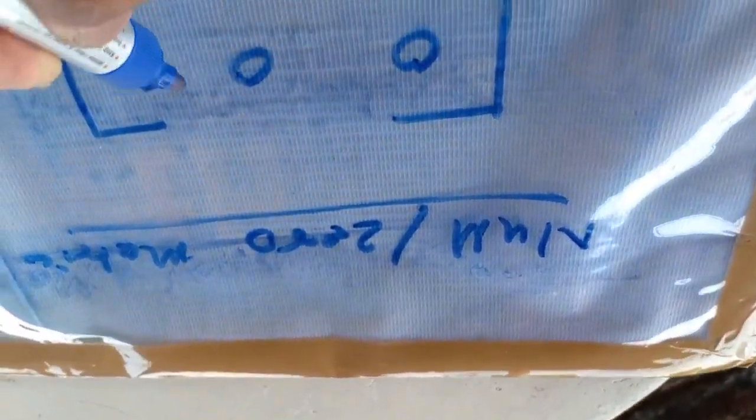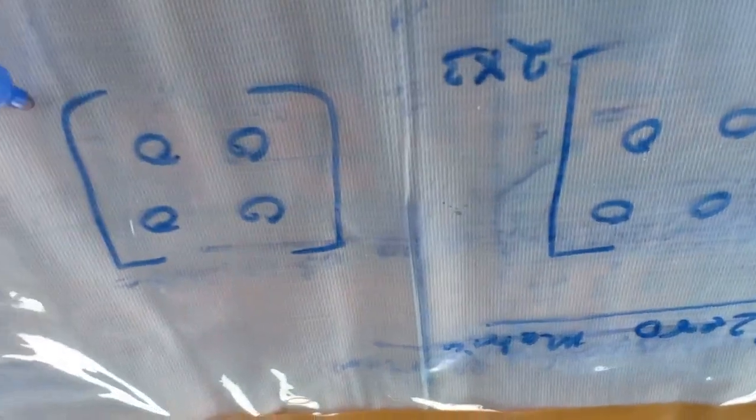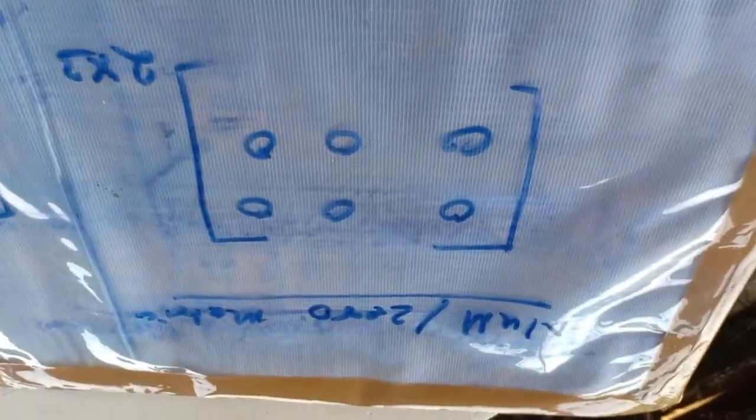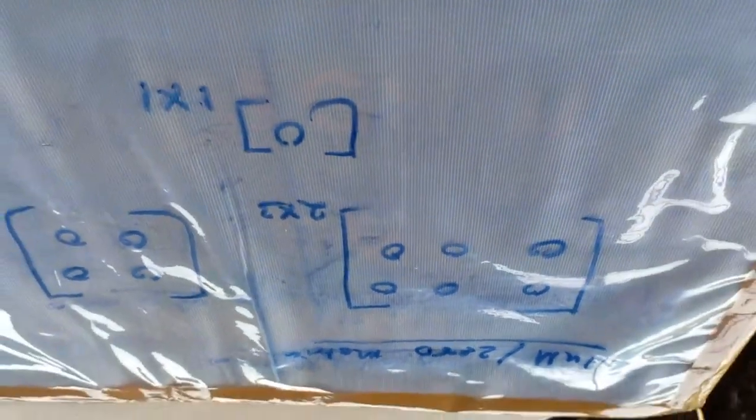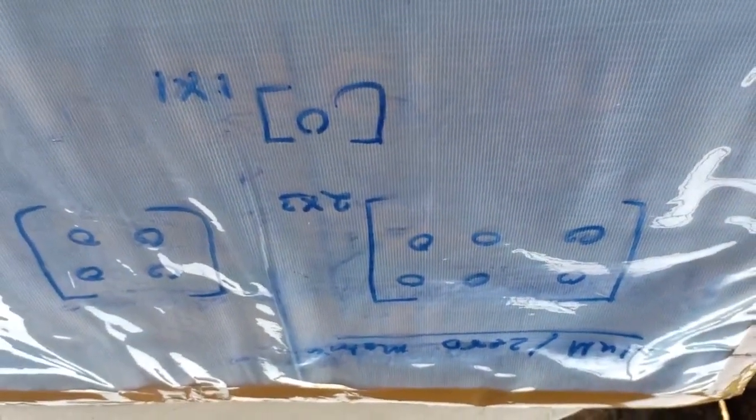This is a 2 into 3 order matrix where all elements are 0. Similarly, here is another matrix, 0, 0, 0, 0. This is a 2 into 2 order matrix where all elements are 0. This is 0 only, a 1 into 1 matrix.